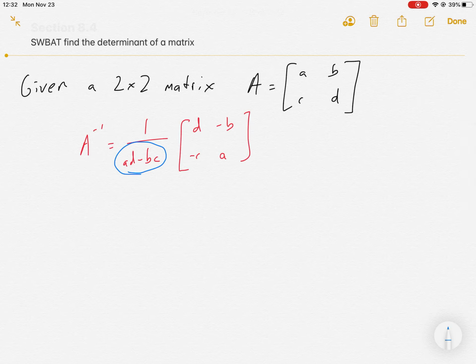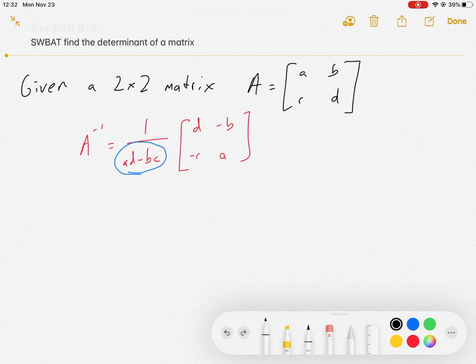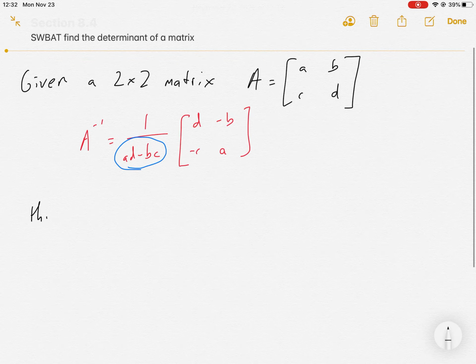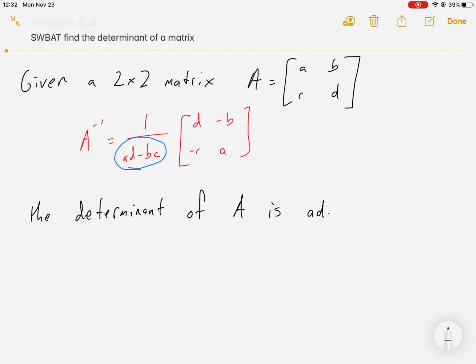So if we're given a 2 by 2 matrix A, then the determinant of A is this number: A times D minus B times C. So notice that this is just now a single number.